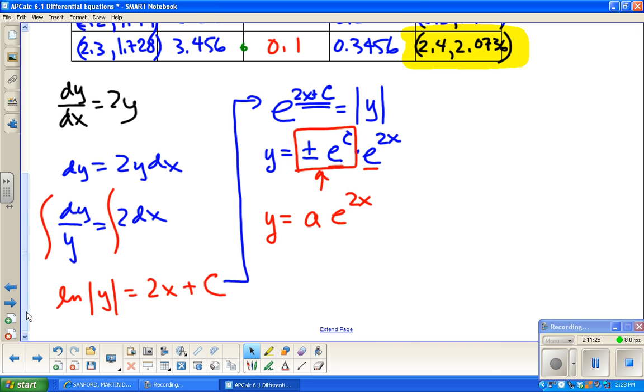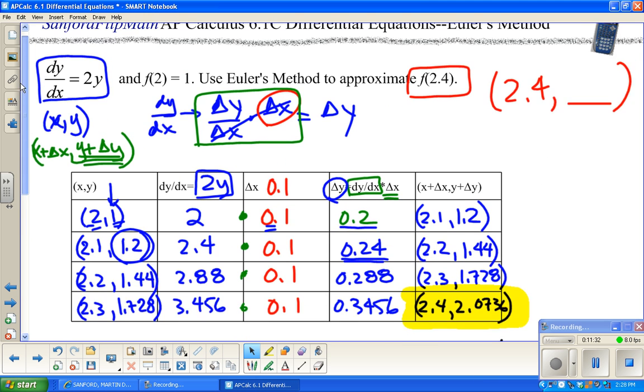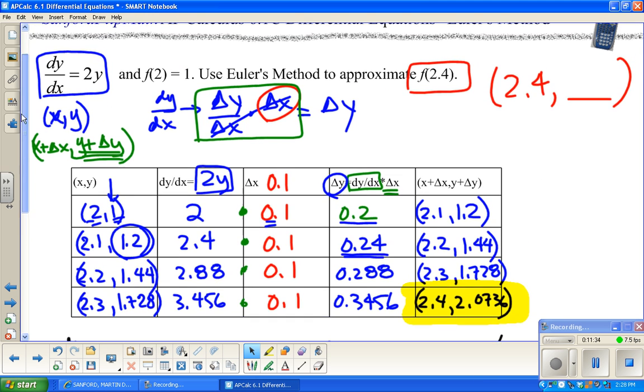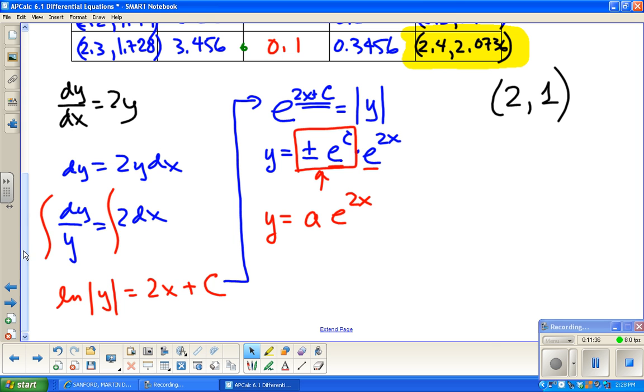Now, one quick little note, remember that we were told at the beginning that it went through that point. It started at 2, 1. F of 2 is 1. Okay? So I'm going to use that point to solve for a. So 1 equals a times e to the 2 times 2.